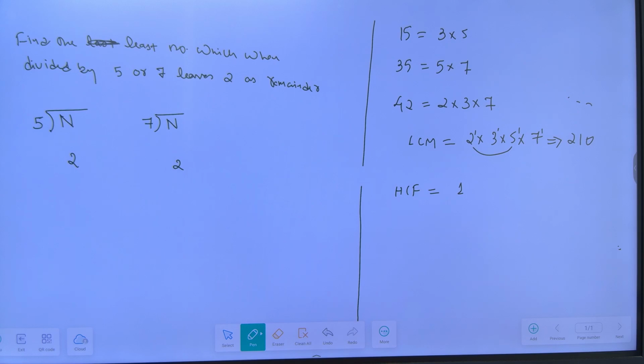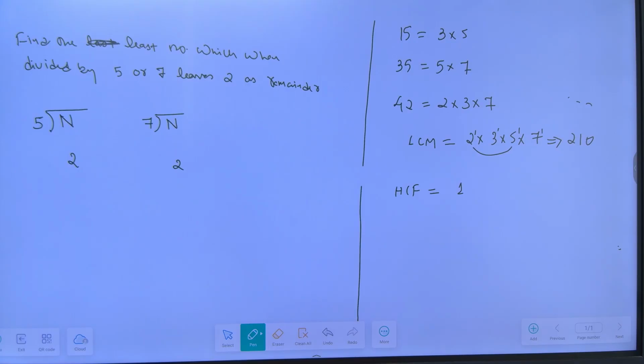So 9 when divided by 7 leaves a remainder of 2 or not? It should also leave a remainder of 2 when divided by 5. When I divide 9 with 5, the remainder is what? 4. But I need 2. So 9 cannot be the number. Let's take 12. 12 divided by 5 leaves a remainder of 2, 12 divided by 7 leaves a remainder of 5. So 12 cannot be the number.